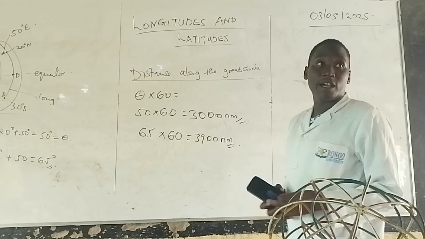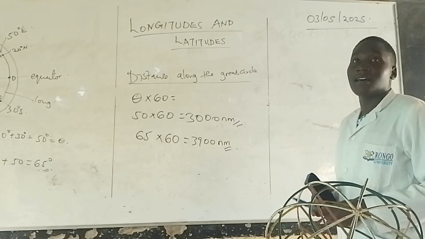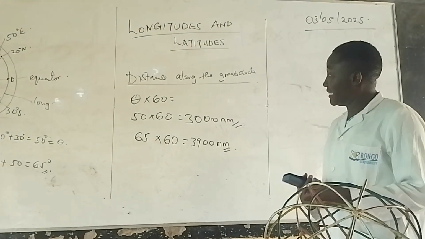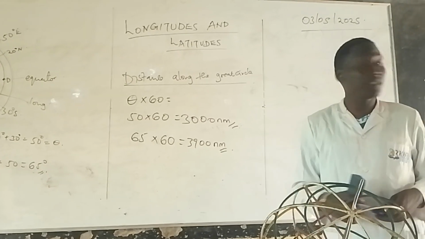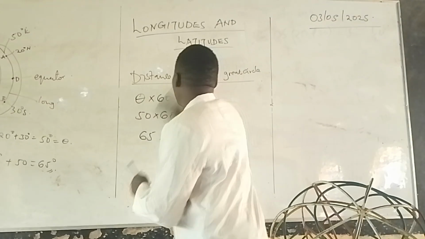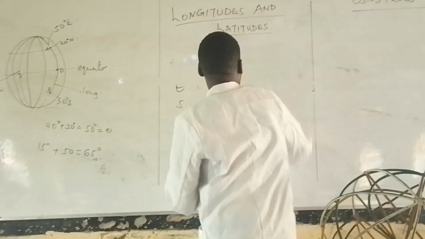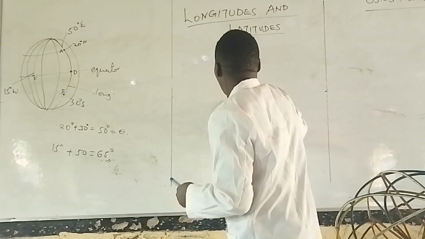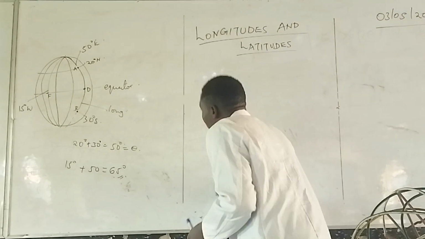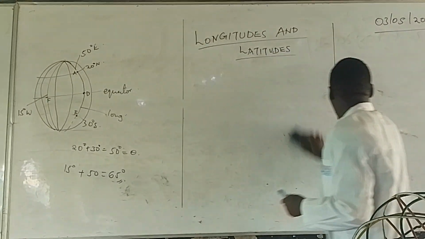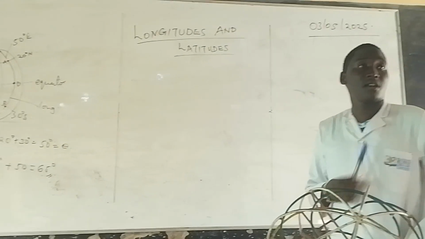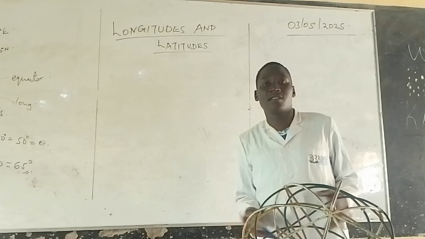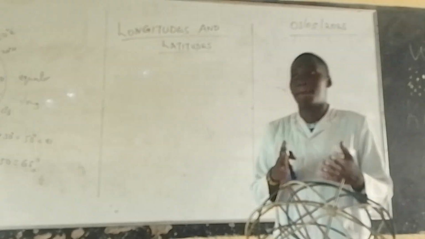So from there, we can now look at the distance along the small circle. Remember, at the beginning of our lesson, we said that the great circle is a circle that divides the globe into two equal parts.